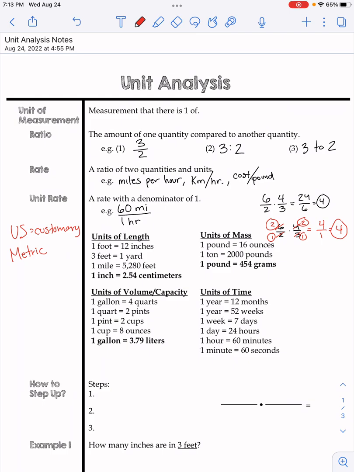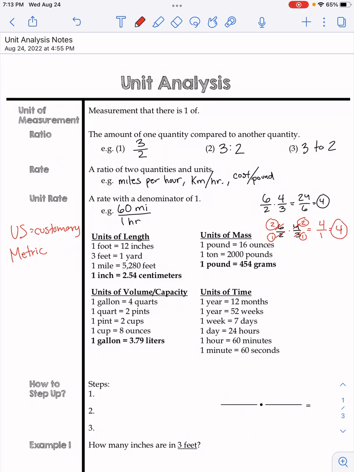All right. So the whole idea of this topic is that you're converting from one unit to another. Now, there are certain things that we probably know offhand that we can convert, like how many inches are in 1 foot. That's 12. That's probably just a fact that you know.